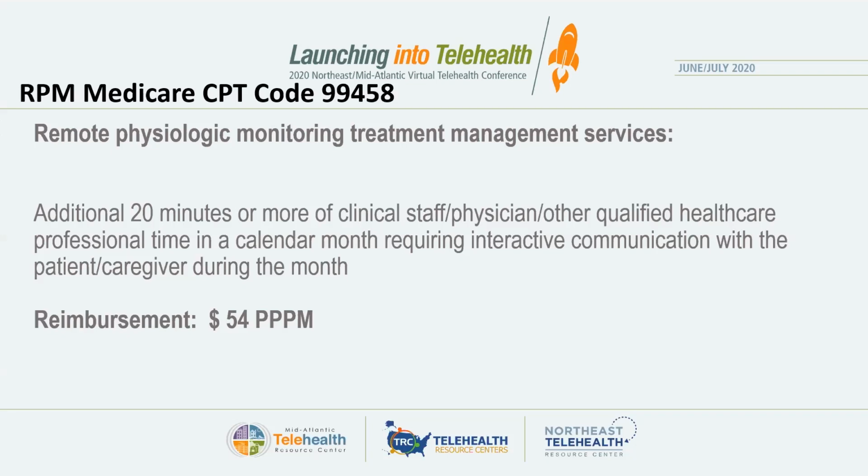A lot of people go, wow, I can do 60 or more minutes with a patient in a month. That's very difficult. Getting 20 minutes is easy. 40 minutes if your patient is really chronically ill, has just been discharged from the hospital. But the majority of patients who are still working or still very active and their primary care providers are monitoring them, it's going to be difficult getting up to 40 minutes.